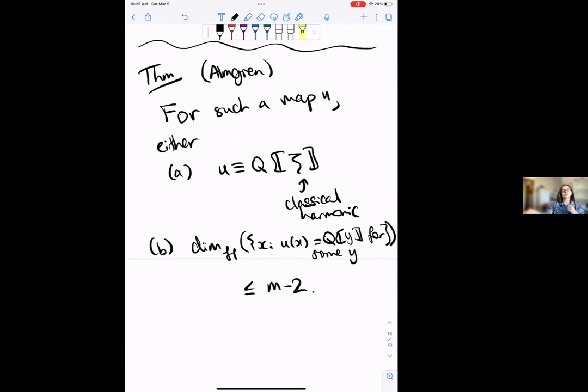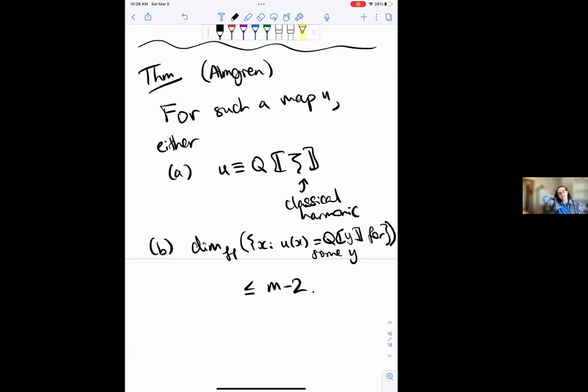So what this tells you is that either u is trivial, i.e. it collapses into Q copies of a classical harmonic function, which we understand very well, or we have this m-2 dimension estimate on the set of all the points where all Q sheets collapse together, but locally around these points you don't see identical collapsing into Q copies of a single function. Otherwise you'd be in the first scenario.